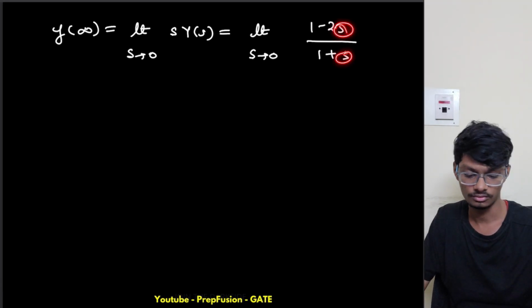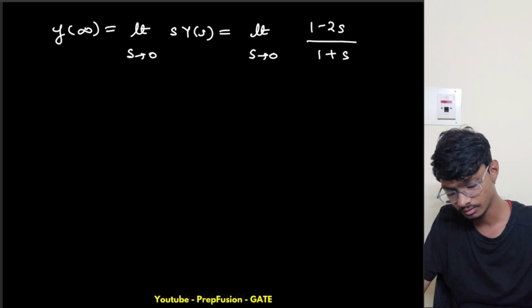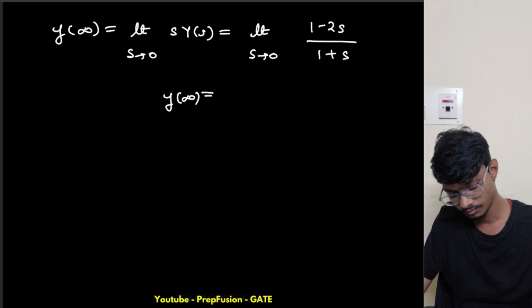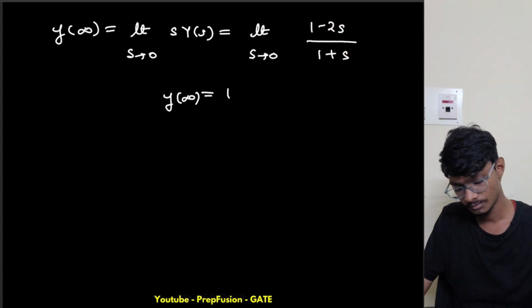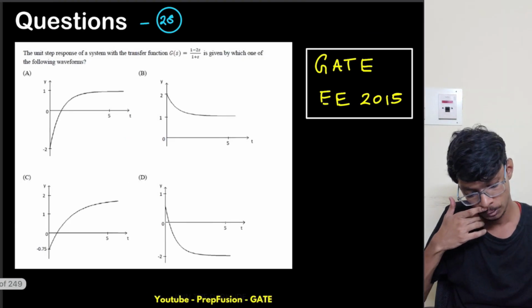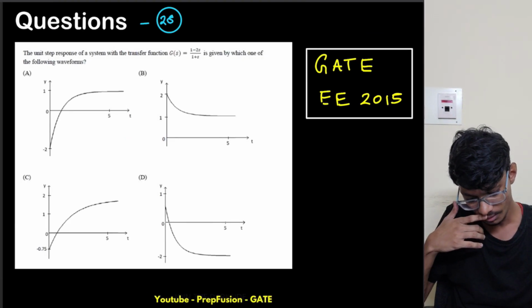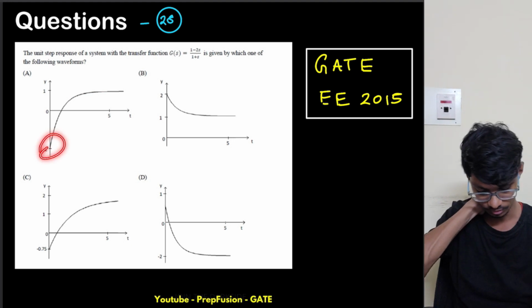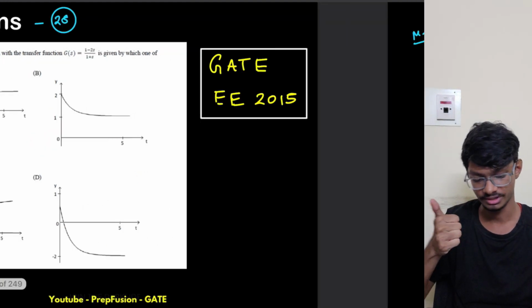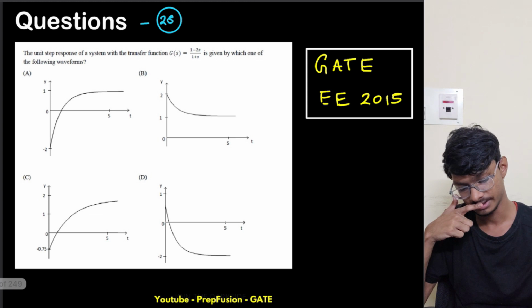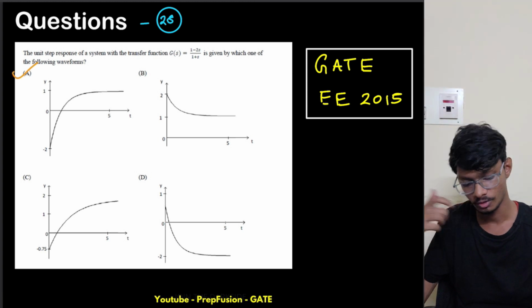So if I put s equals to 0, what do I get? We're left with 1 only. So the final value is settling to 1 only. Okay, so the final value is 1 only and the initial value is not 0, it's minus 2. So going from minus 2 to 1, option A is correct. So this will be our correct answer. Option A will be the correct answer.